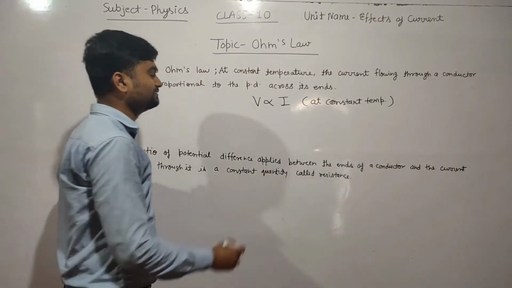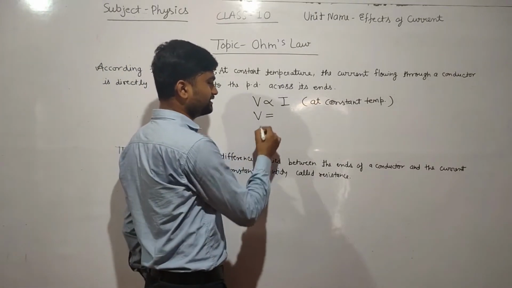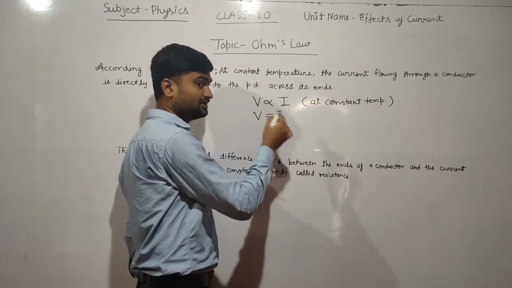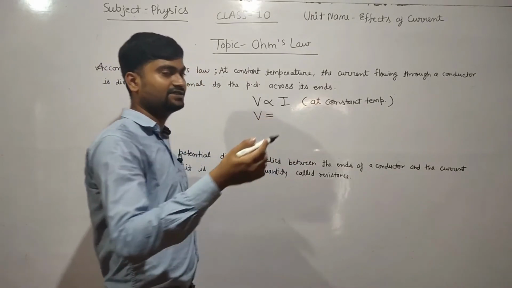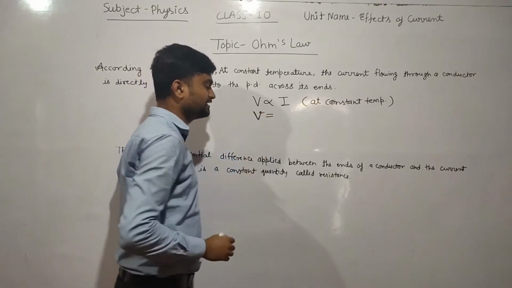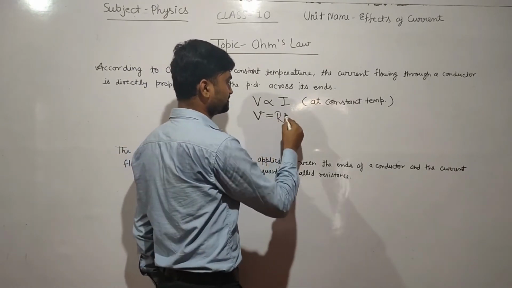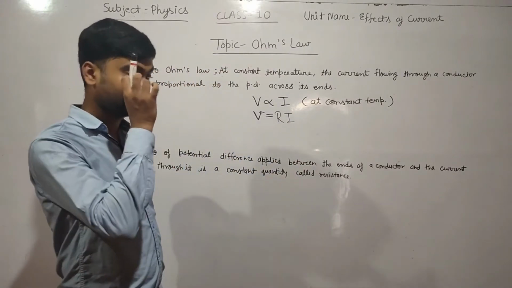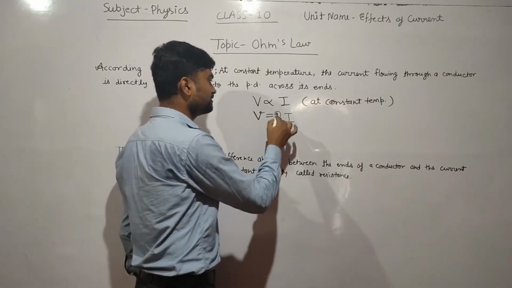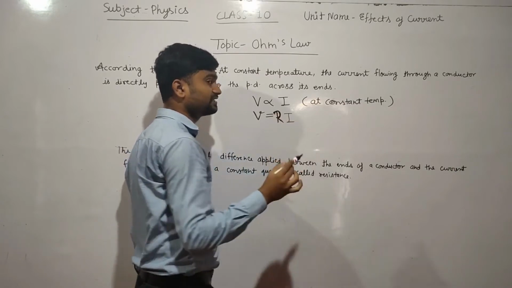Then V is proportional to I. As we remove the proportional sign, there is a constant, and they are linearly related. When we discuss the V-I graph, we will discuss all those things. V equals a constant R times I. We could write the constant as K, but here we write R because this constant is known as the resistance of the conductor.